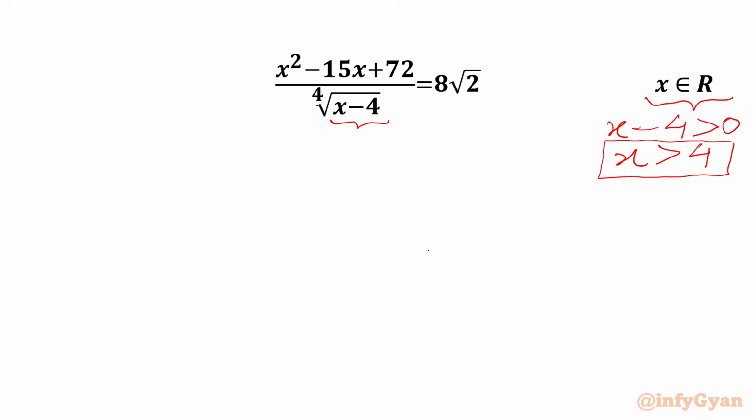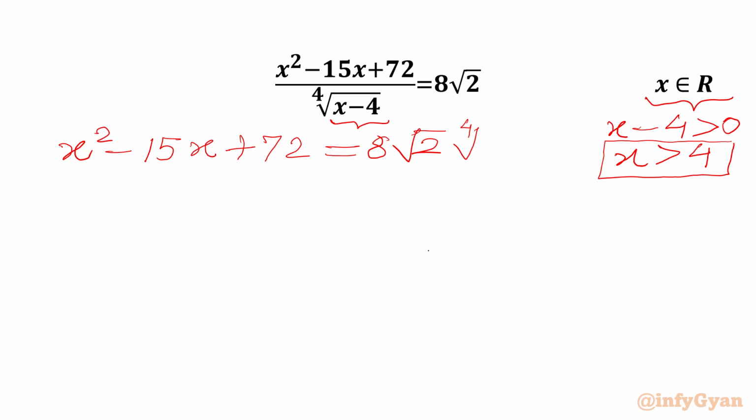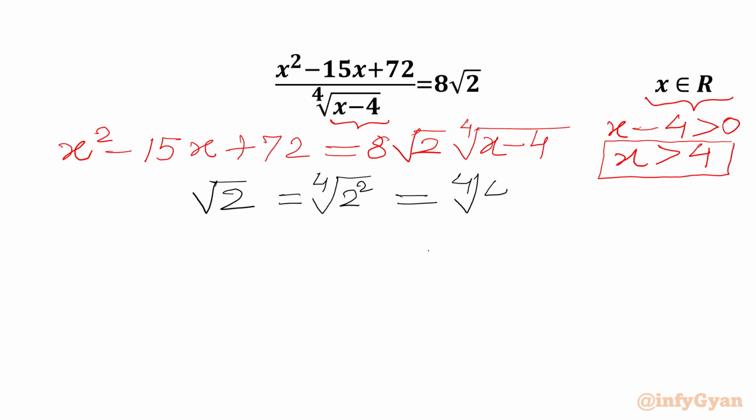Now we can cross multiply and write x square minus 15x plus 72 equal to 8 square root 2 times 4th root of x minus 4. Now we know that square root of 2, if I raise power 2, we need to write here 2 square, which is nothing but 4th root of 4.